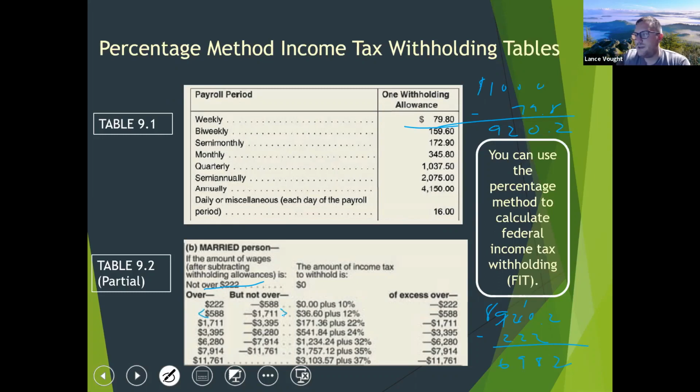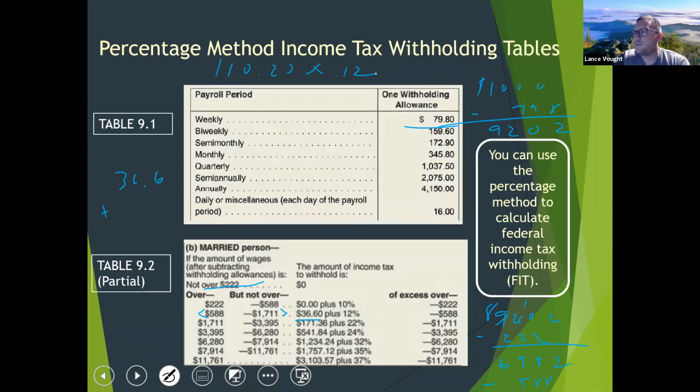698.2 falls in this range here, so that means you're going to pay $36.60 minimum plus 12% times the difference. So 698.2 minus 588 gives you $110.20.